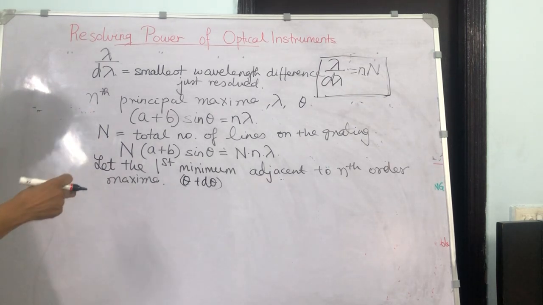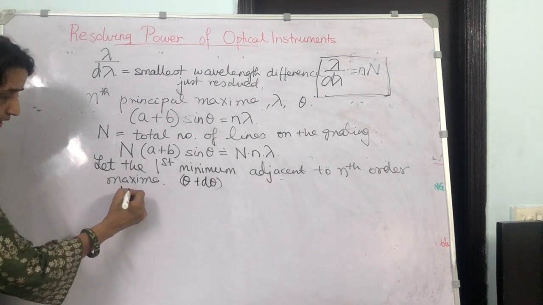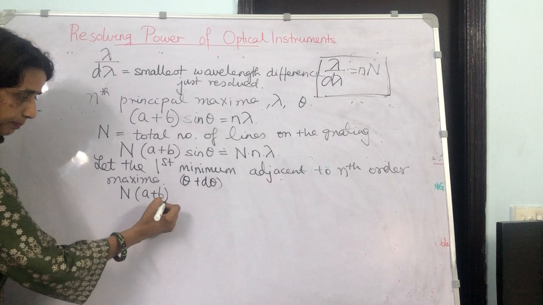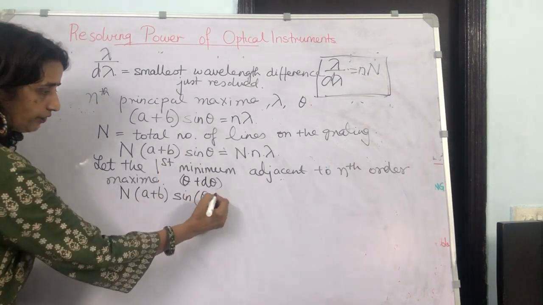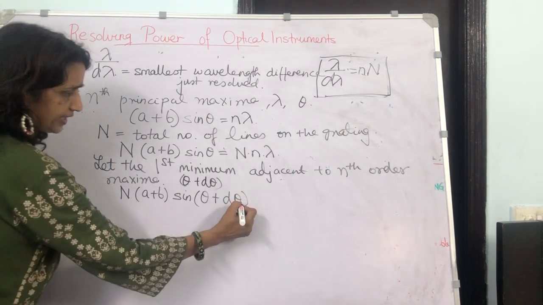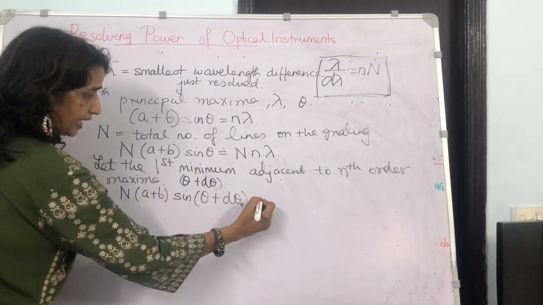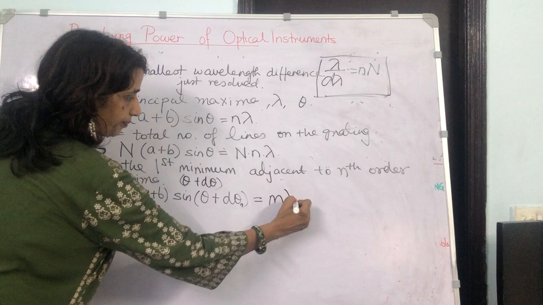So now for this, your grating equation becomes N into (a plus b) sine, instead of theta, it will be theta plus d theta. You can also write d theta n, because it is happening due to nth order, is equal to m into lambda.